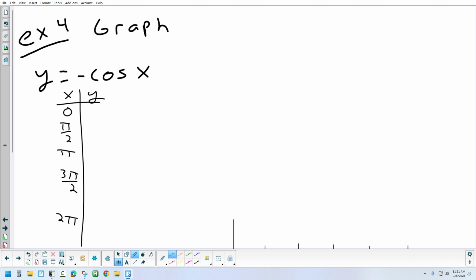But what are all the y values going to get multiplied by, which won't change the amplitude, but it will flip everything over the x-axis? Yep. -1. Right. You're multiplying all the y values by -1. So we're still doing it like an amplitude change, even though it doesn't change the amplitude. Multiply everything by -1.